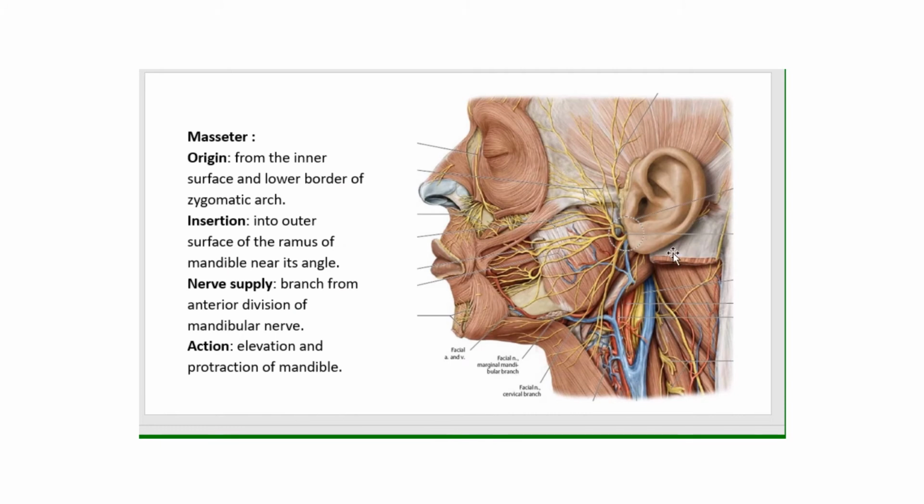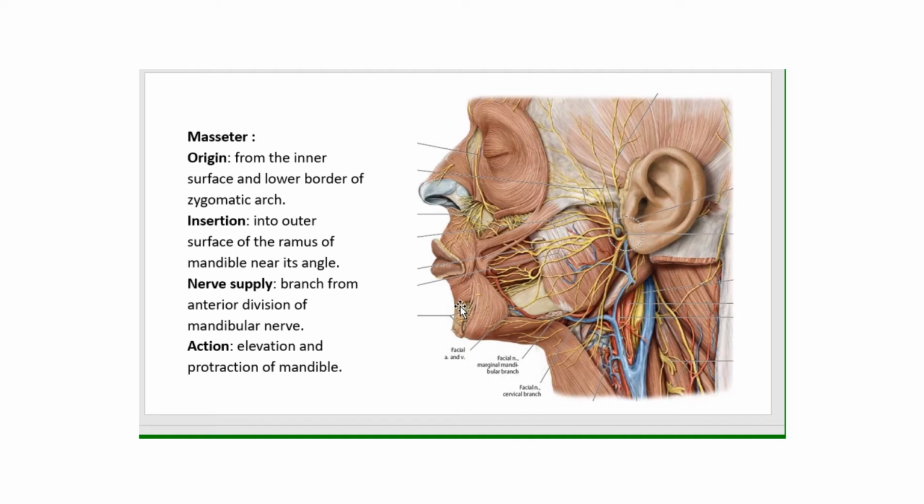This is the masseter muscle. It takes origin from the lower border and the inner surface of the zygomatic arch. It is inserted into the outer surface of ramus of mandible near its angle. Its action is to elevate the mandible or elevate the temporomandibular joint, the same meaning, or closes the mouth.